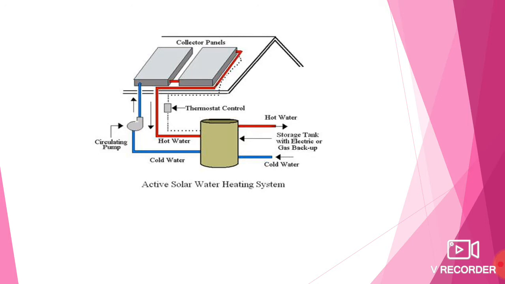So the general principle is: nearly all existing or proposed active solar heating and solar hot water supply systems utilize three main components in addition to the pumps and the blowers.